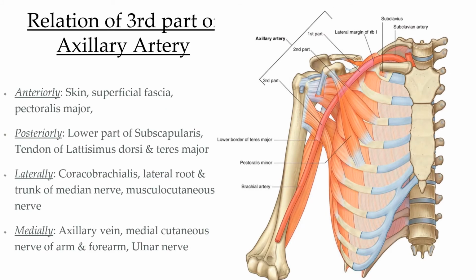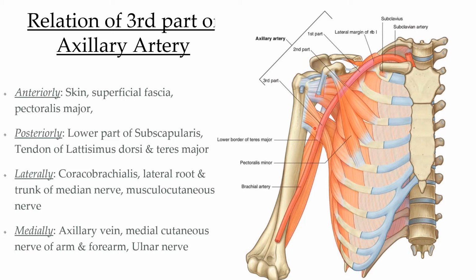Let us now talk about the relations of the third part of axillary artery. This illustration is to show you the posterior and the lateral relation of the third part of axillary artery. This is the third part of the artery, which lies distal to the fibers of pectoralis minor. Here you can see that it is related posteriorly with the lower fibers of subscapularis muscle.